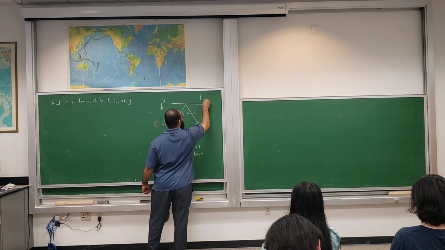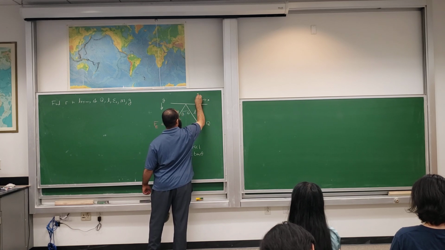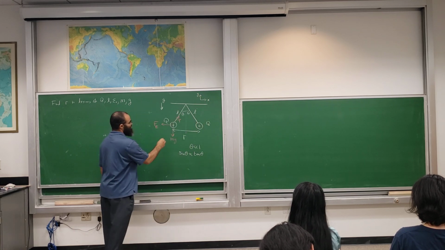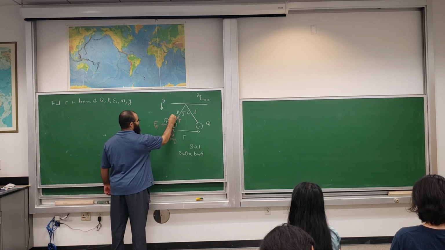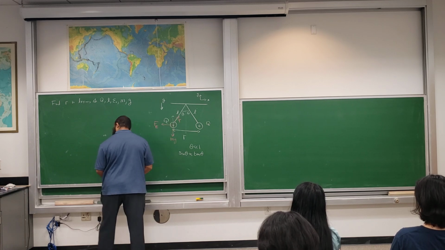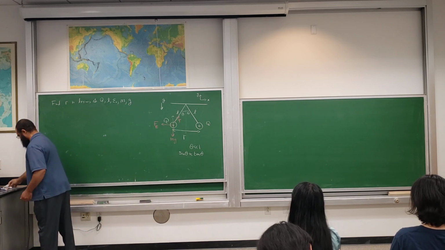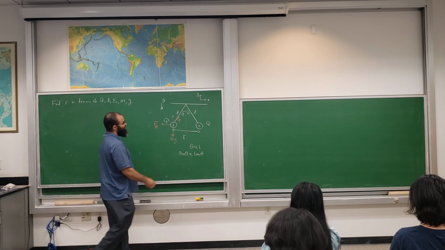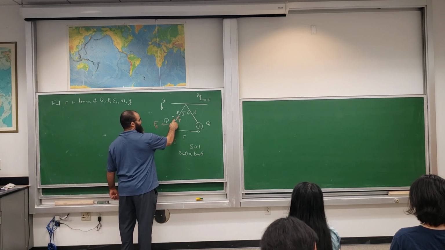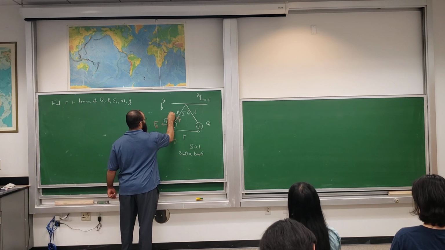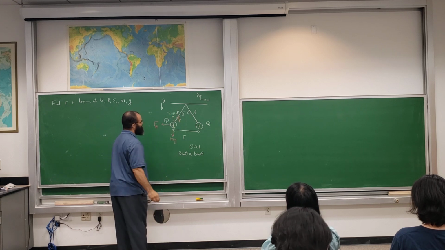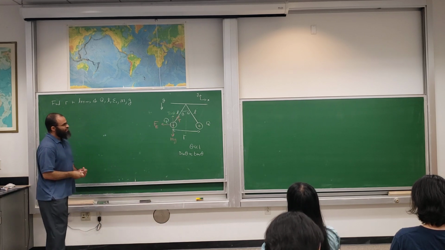And again, we choose our coordinate system. Here's x and here's y. So this way you would have tension times sine or cosine of theta? Cosine, yeah, that's adjacent. So T cosine theta.